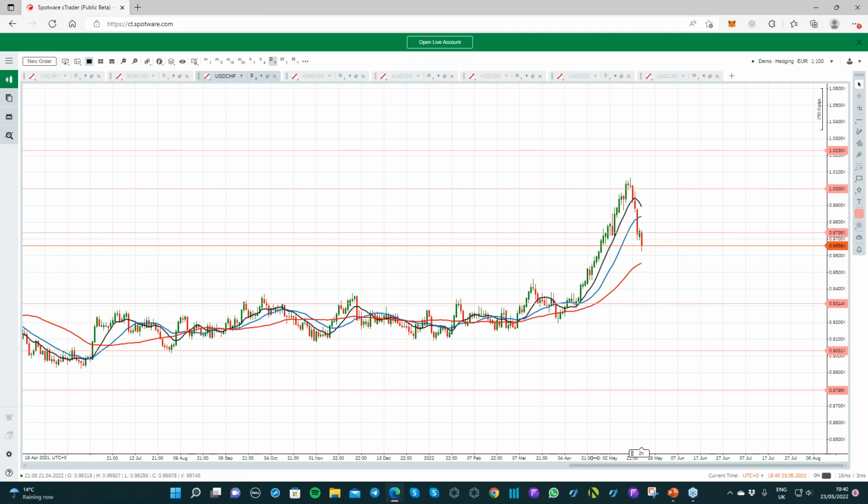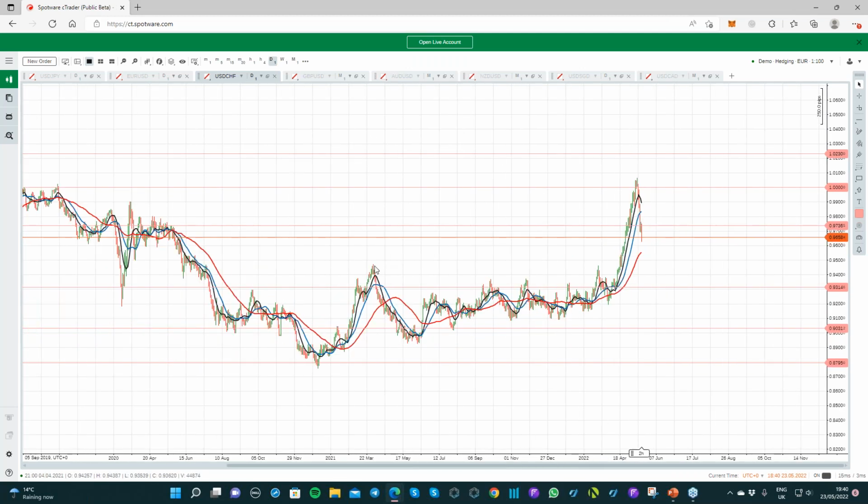If price comes down to this previous high level over here, so the reason I didn't have all of these levels drawn on at the beginning is because I don't like my charts to be too messy. Depending on what time frame I'm trading, I add horizontal levels as I need them.